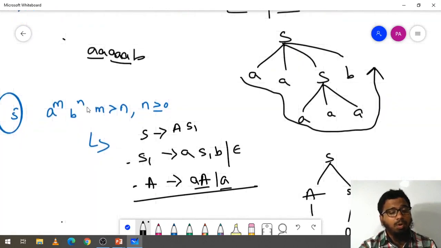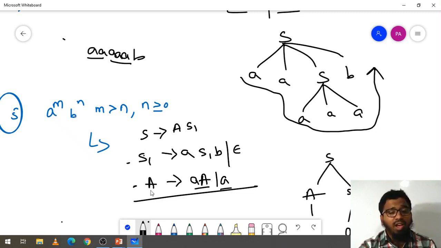a power m, b power n, and m should be greater than n, means whatever the b power value, that a power m should be more than b power n. So for that S1, I am taking S1 or S dash, you can take anyone, S1 A, S1 B. This is for even number of A's and B's, but we want m should be greater than n.